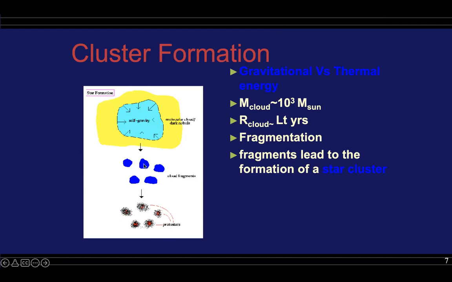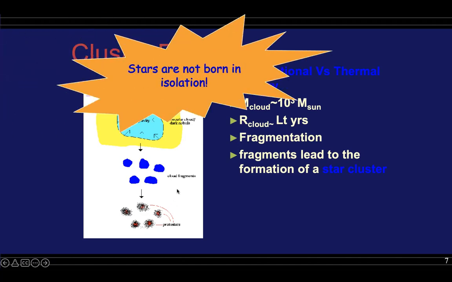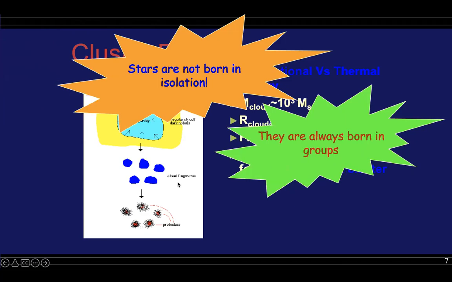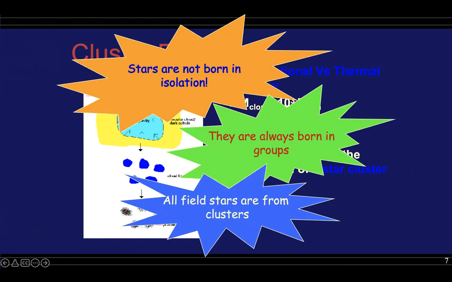Within that, fragments are formed, and these cloud fragments further collapse to form masses sufficiently large. Then the thermonuclear reactions begin, and so on. So stars are born in groups. They are never born in isolation. They are always born in groups. And a field star starts up from clusters.